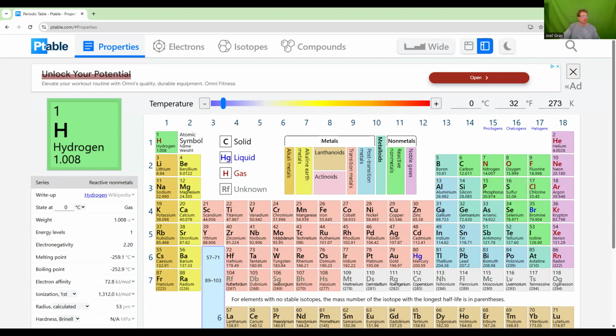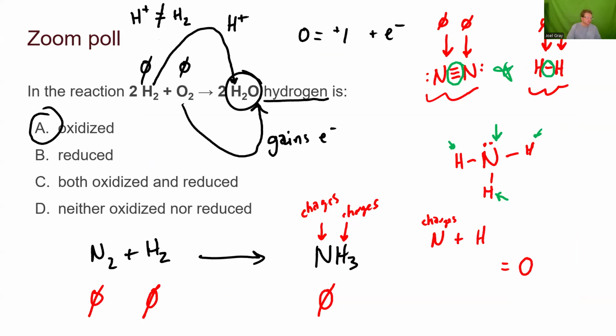-3. Perfect. Okay. So we've got nitrogen that has a -3 charge. That's from the periodic table. So this is -3.